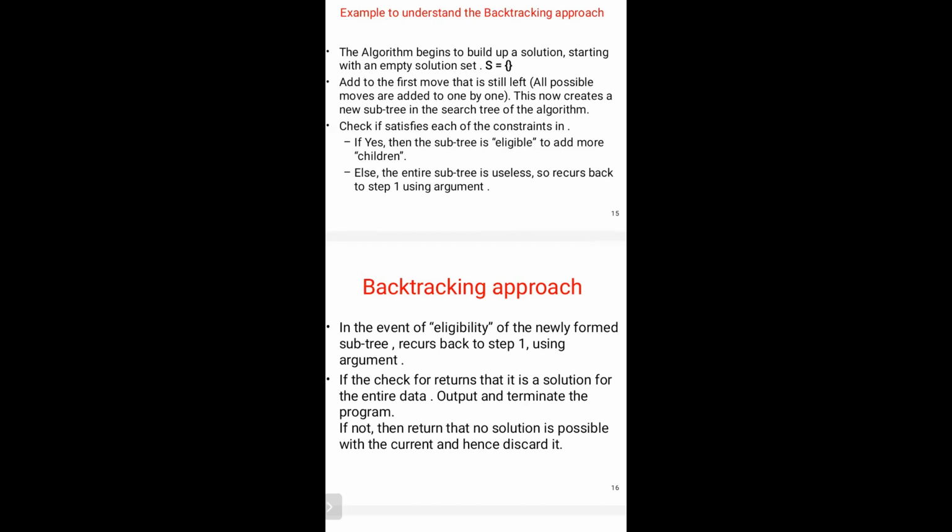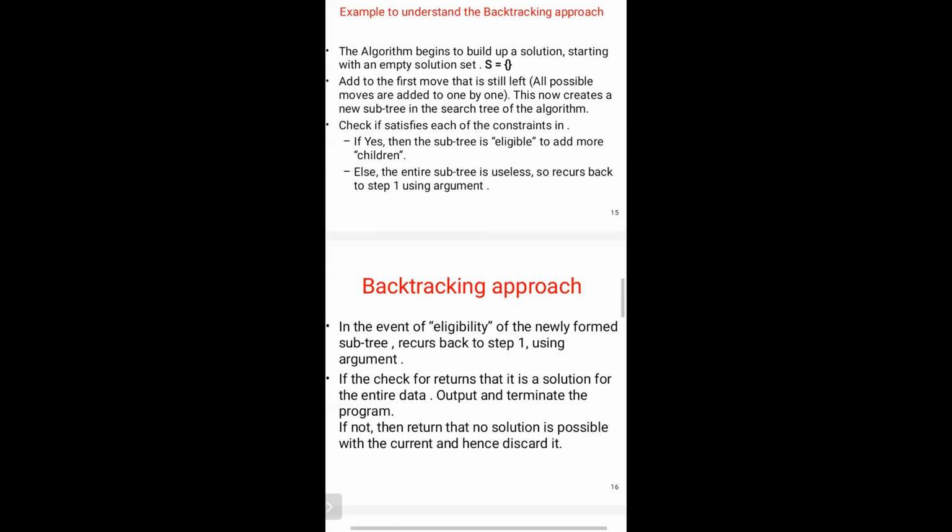If the check returns that it is a solution for the entire data, then output it and terminate the program. If that is not the case, then return that no solution is possible with the current choice, and hence discard it. If it is not possible to get the solution, we can discard that case.